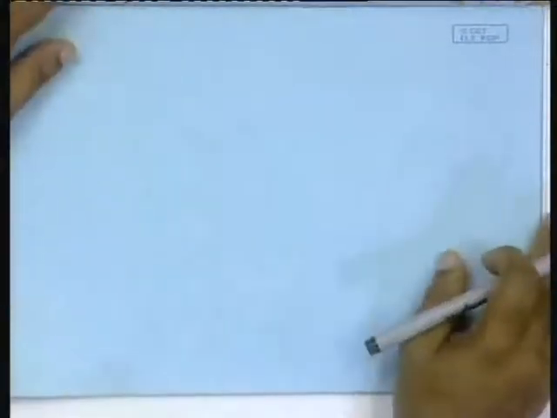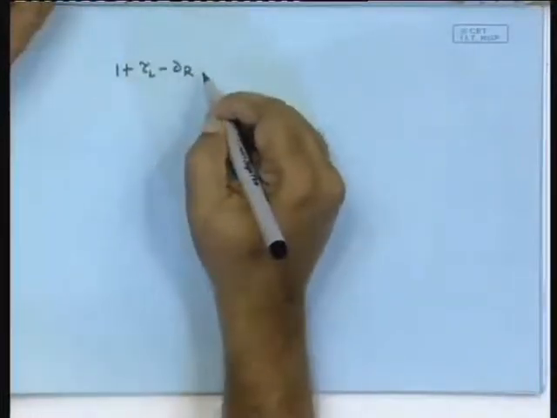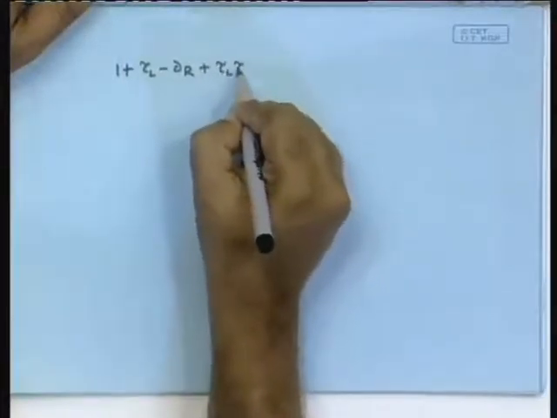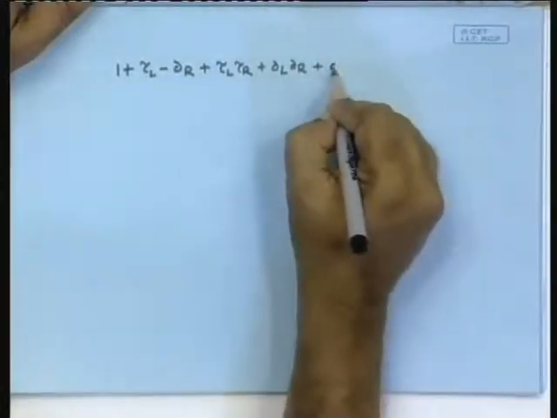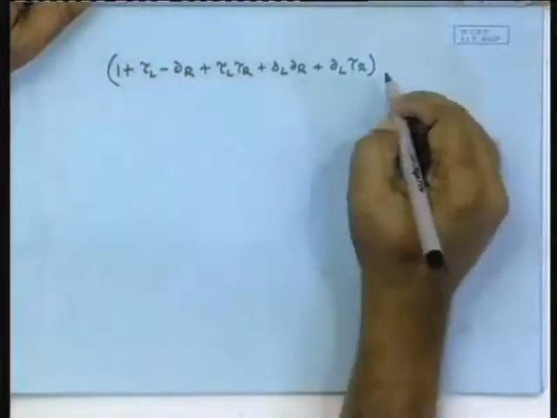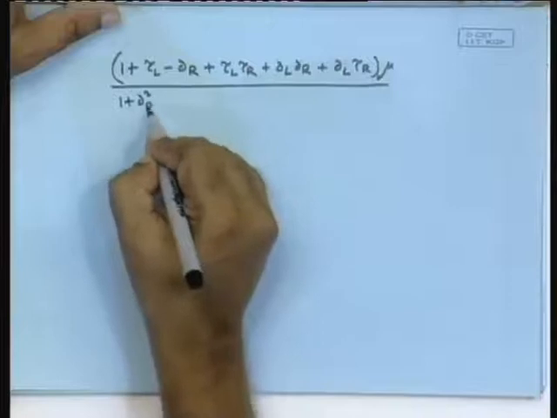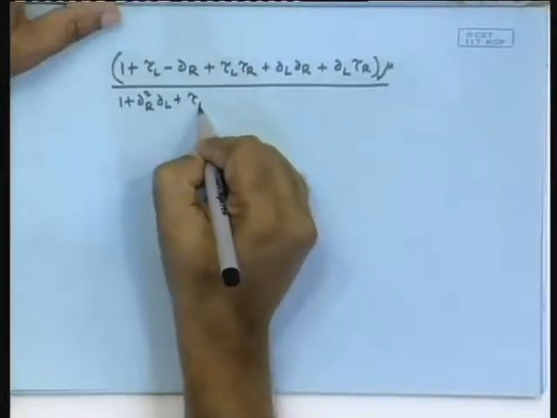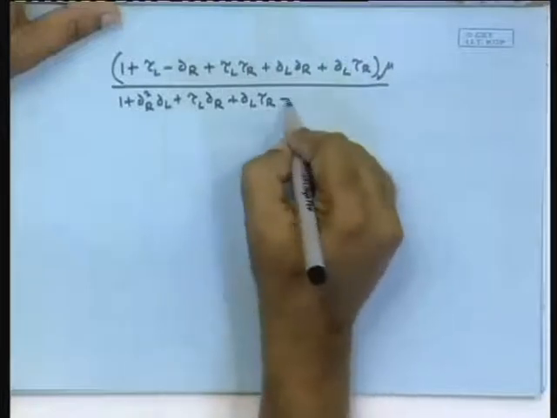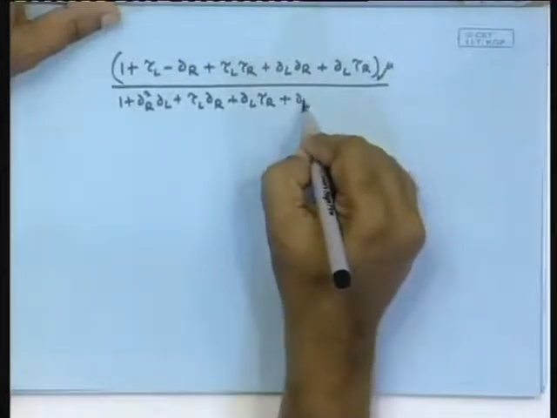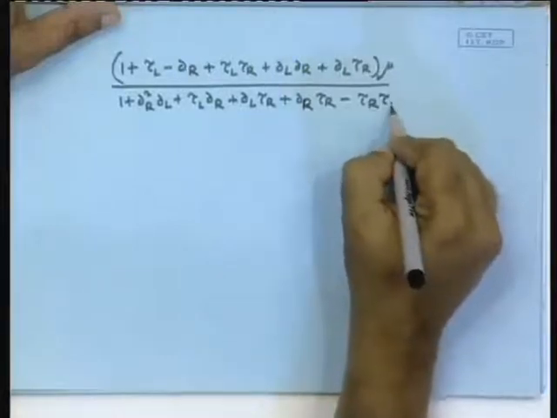If you write, it will be like this: (1 plus tau L minus delta R plus tau L tau R plus delta L delta R plus delta L tau R) whole with mu, divided by 1 plus delta square R delta L plus tau L delta R plus delta L tau R plus delta L delta R tau R minus tau R square.